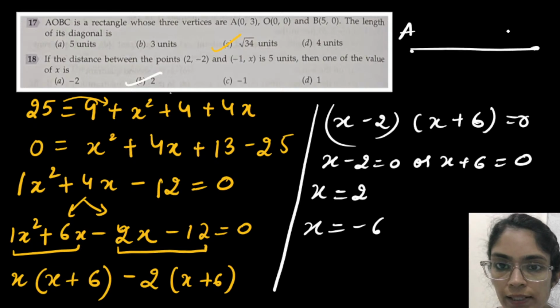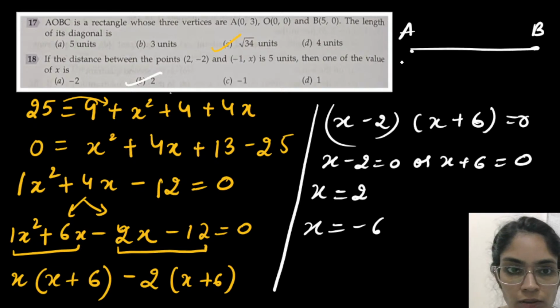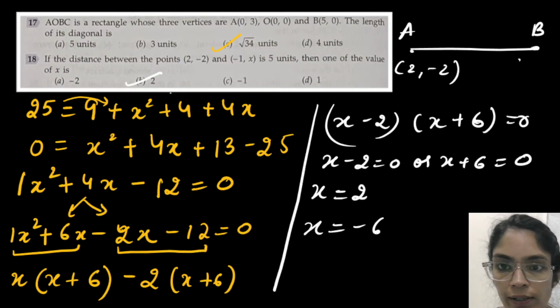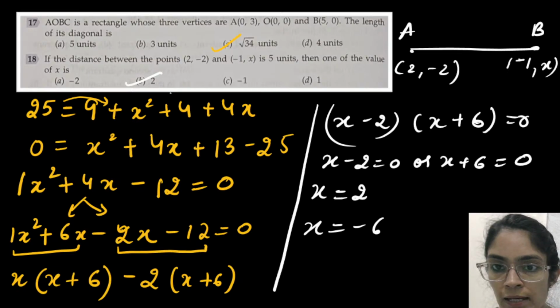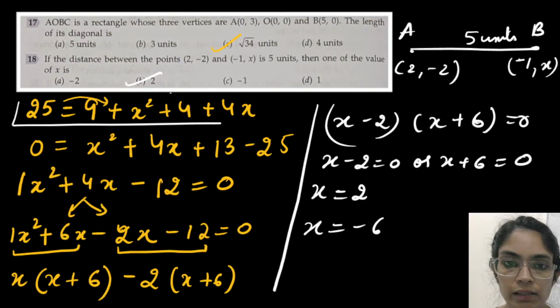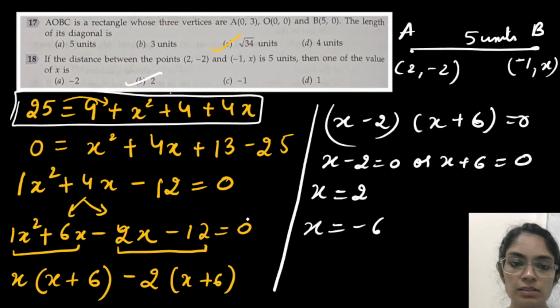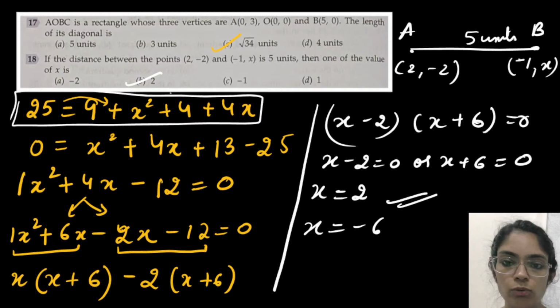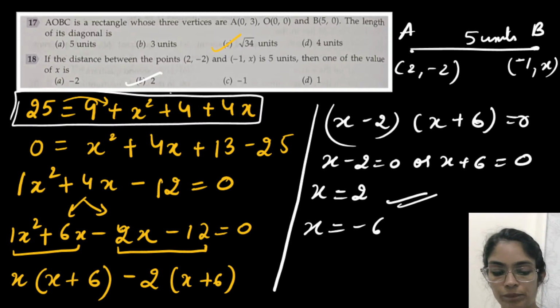This is point A, this is point B. Point A's coordinates are 2 comma minus 2 and B's coordinates are minus 1 comma x. Their distance is given to us as 5 units. We used the distance formula. After using the distance formula, we got this quadratic equation, we solved the quadratic equation, and two values of x we got.